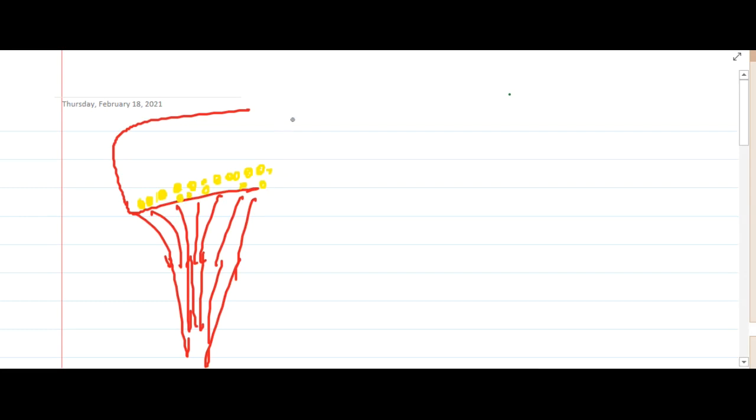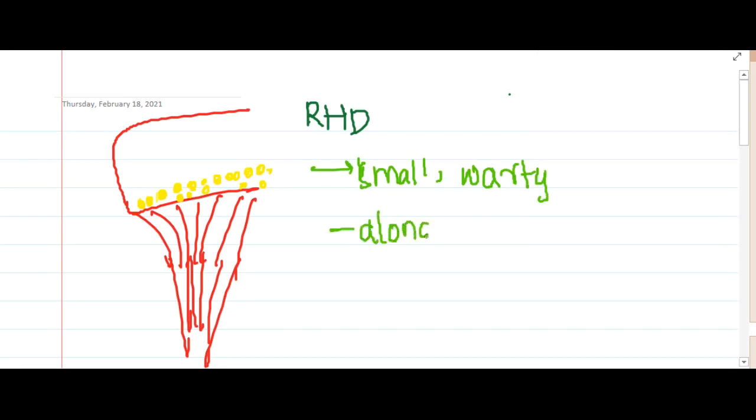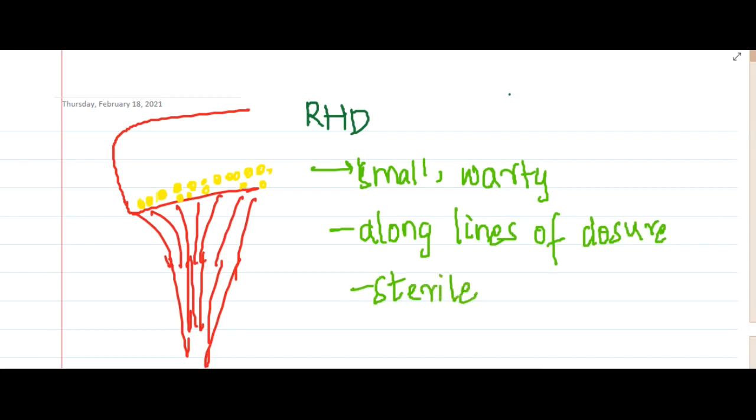So this is rheumatic heart disease, where you are seeing the vegetations which are very small, a few millimeters in size, warty, and these are present along the lines of closure. These are not present on the whole valve, they are only present along the lines of closure, and they are sterile vegetations. They do not have any infective conditions.